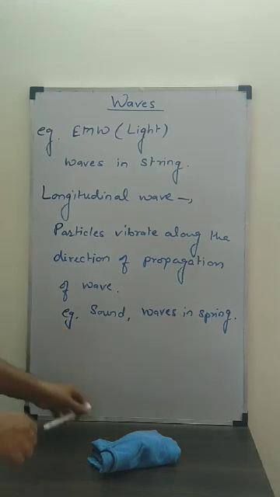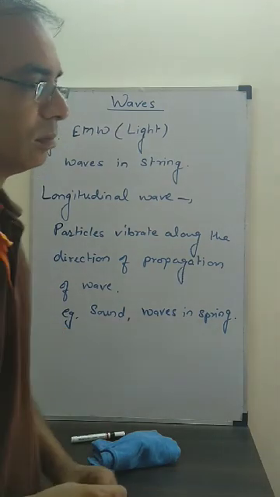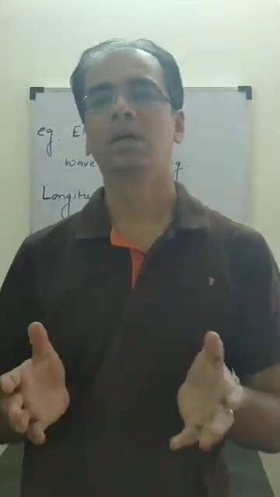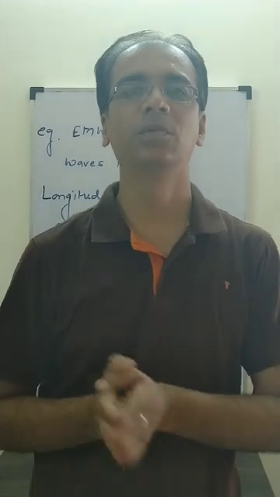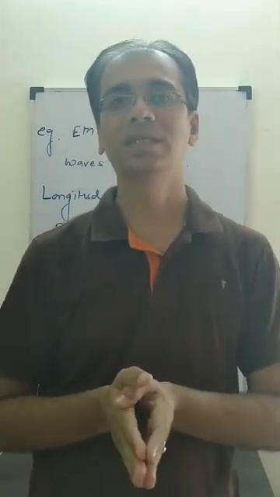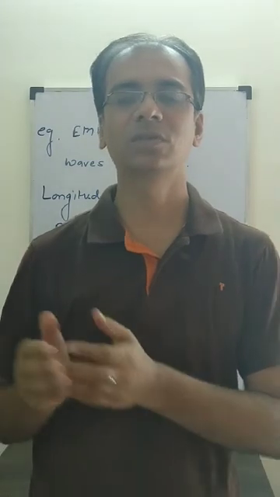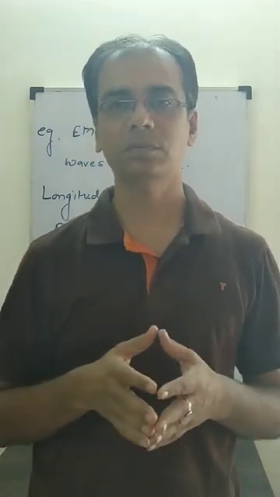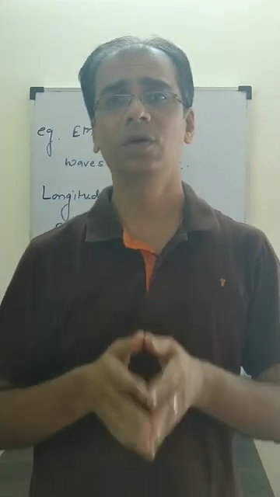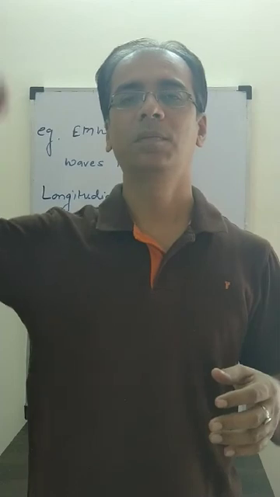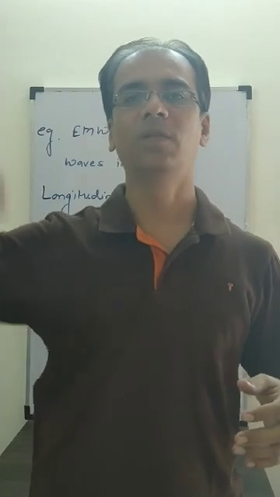Okay. Now, one remaining part of the definition. Now we know that a wave is a disturbance that carries energy and momentum from one point to the other point. That's absolutely fine. But does it carry mass also? Is the mass also moving from one point to the other point? Answer is no. As I explained, when we were talking about the transverse wave, the source was making the disturbance at one end.